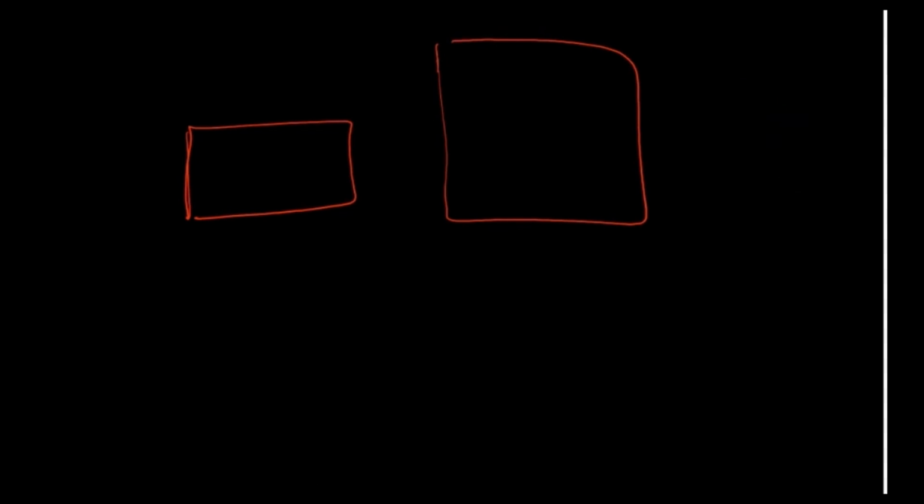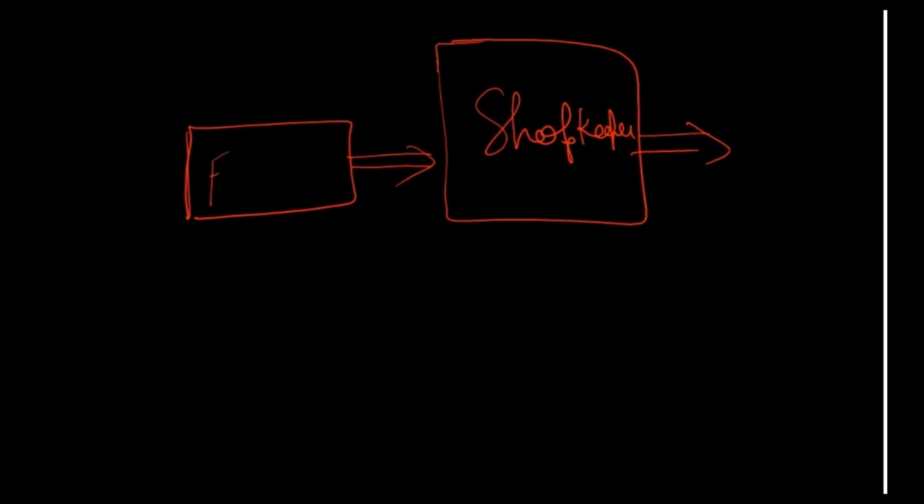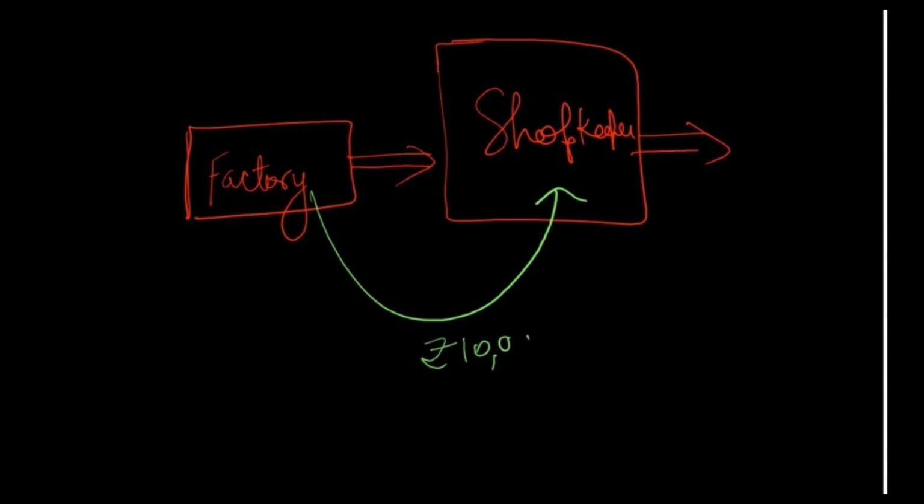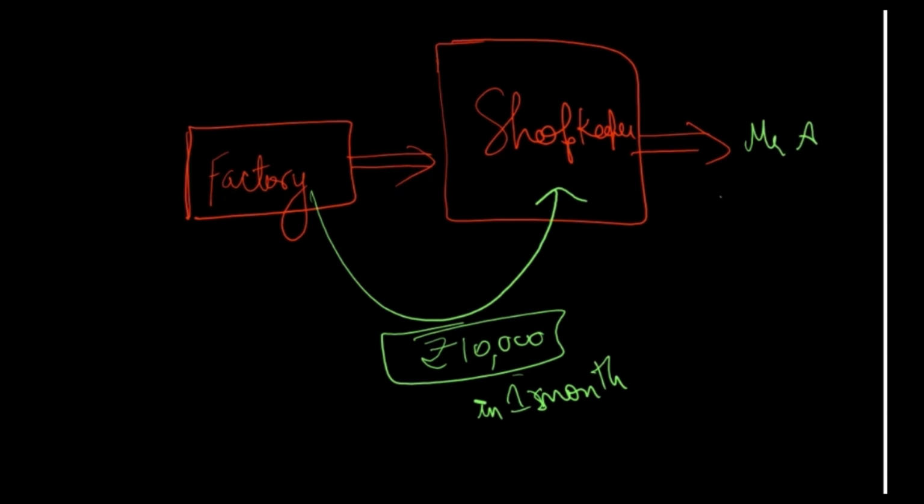This is the shopkeeper. Here, the shopkeeper buys things from the factory for rupees 10,000, but he takes it on credit. For example, he will repay this amount in, say, 1 month. And he further sells to Mr. A at rupees 12,000.